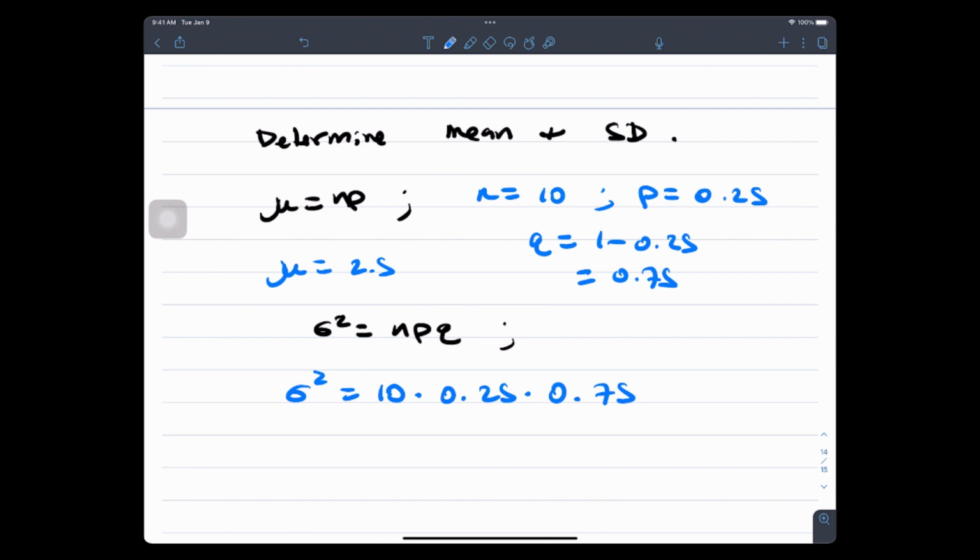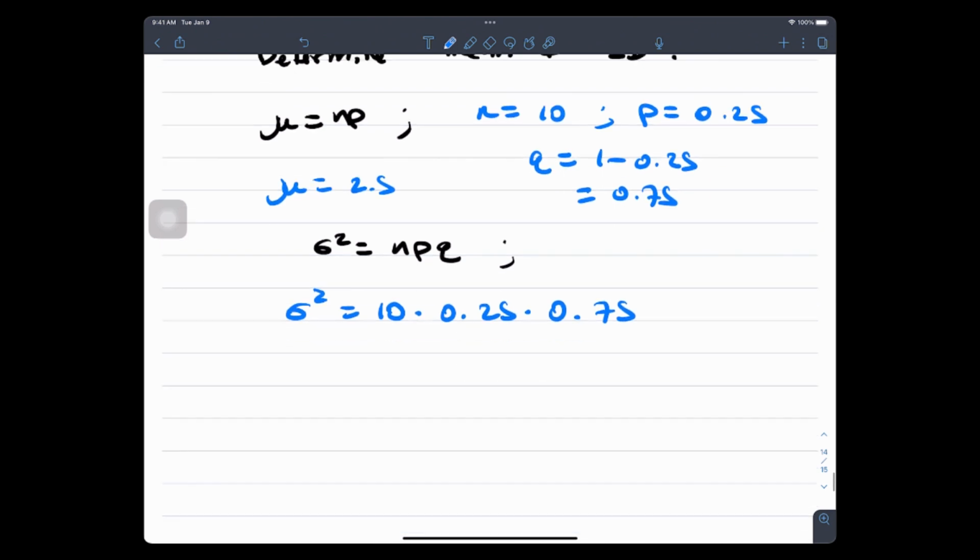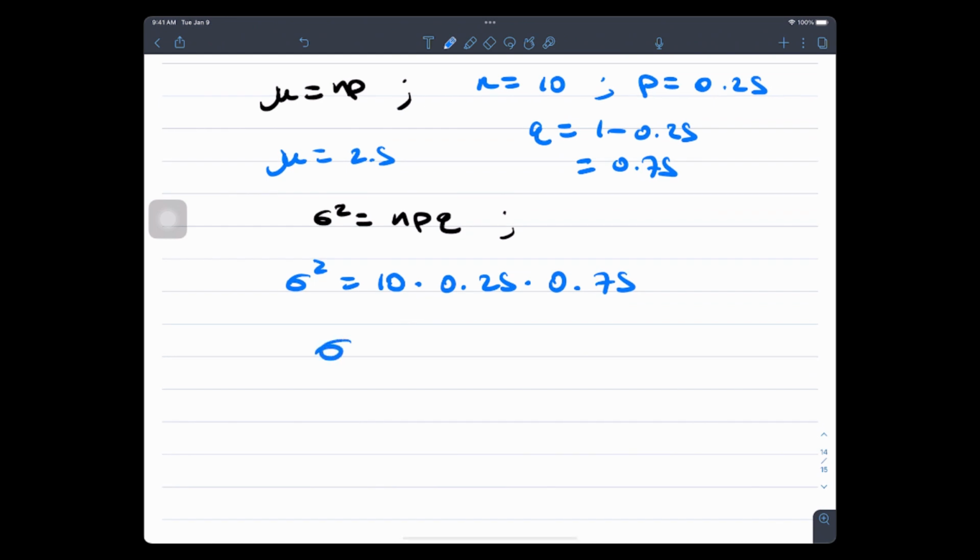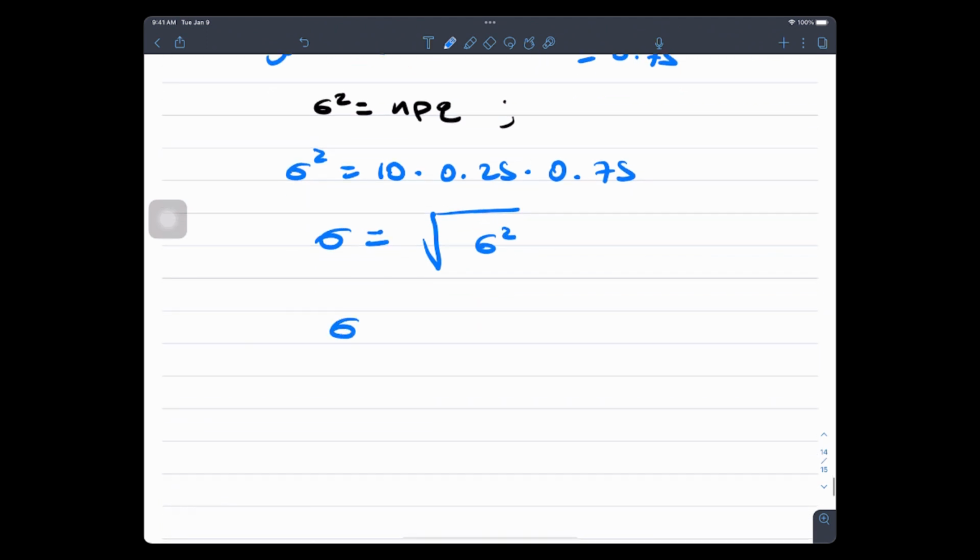But why do you need the variance? Because the standard deviation is the square root of the variance. So my standard deviation, which was the question, is the square root of 10 times 0.25 times 0.75.